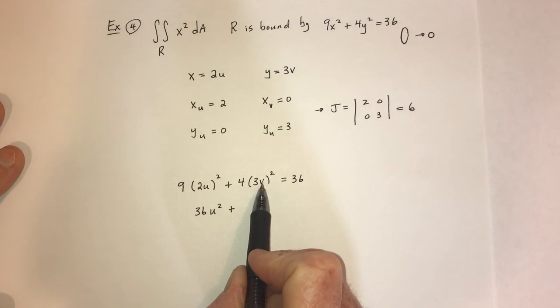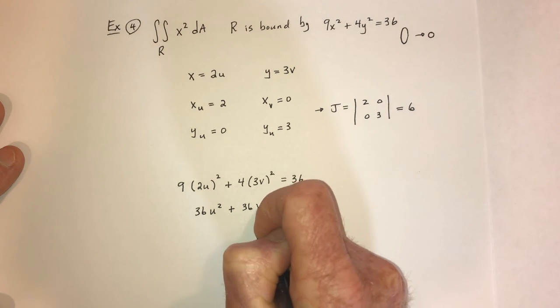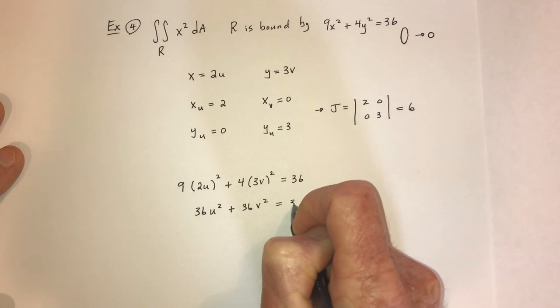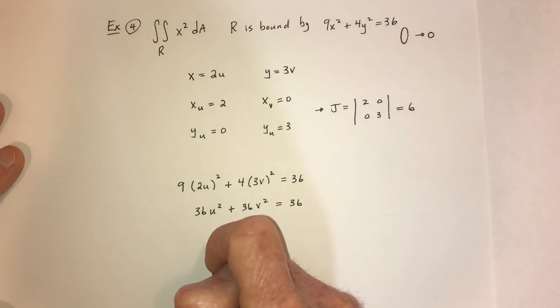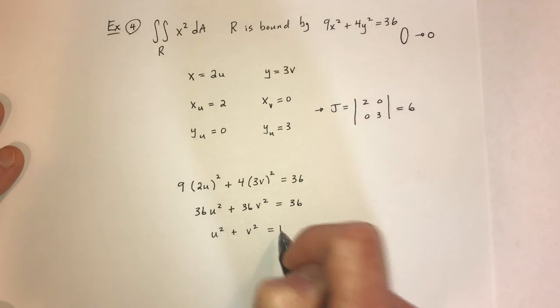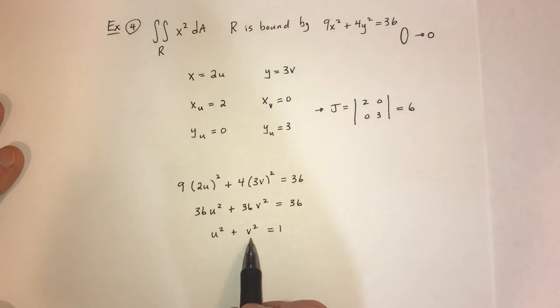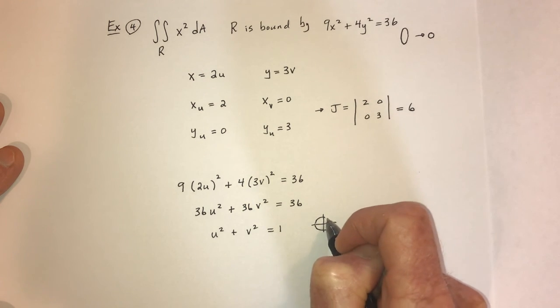This would be 9v squared. 9 times 4 is 36. v squared equals 36. Then divide everything by 36 and you're left with just u squared plus v squared equals 1. And this is a circle with a radius of 1.